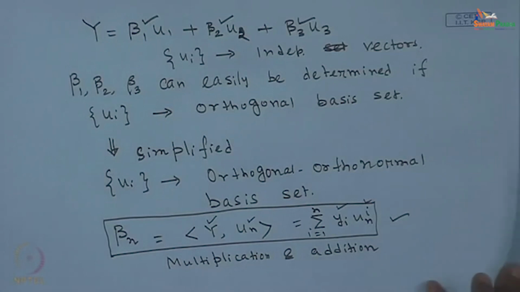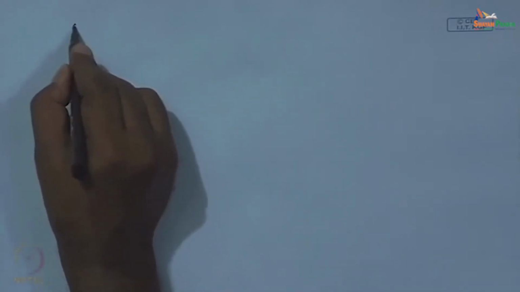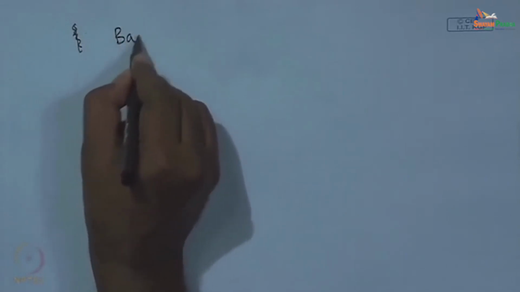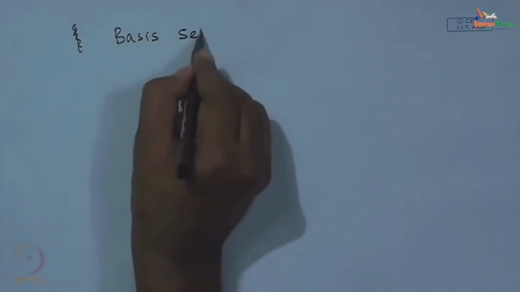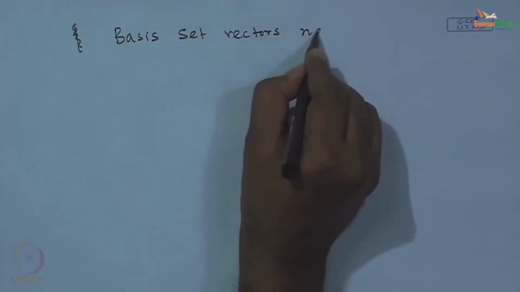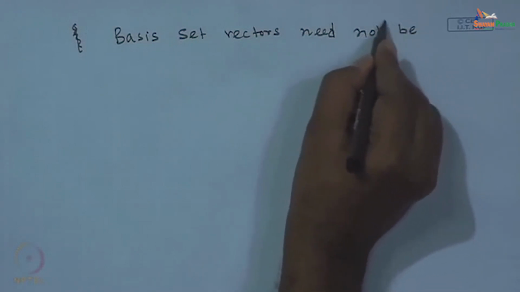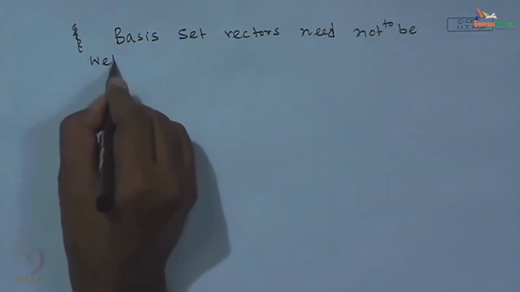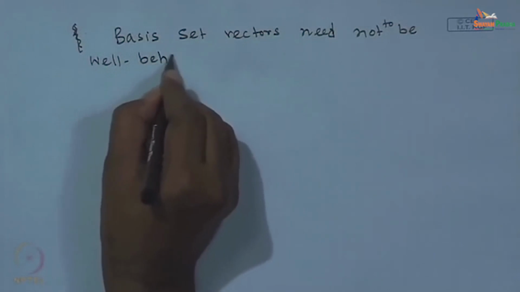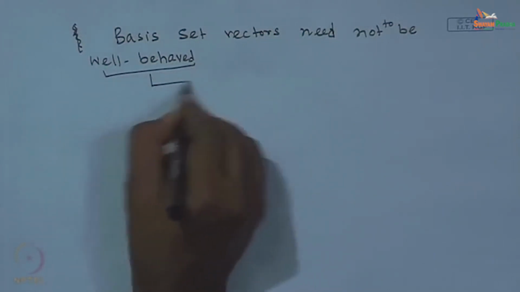But the point is, all the independent sets of vectors may not be a well behaved set of vectors. That means, basis set vectors need not be well behaved. What do we mean by well behaved vectors?